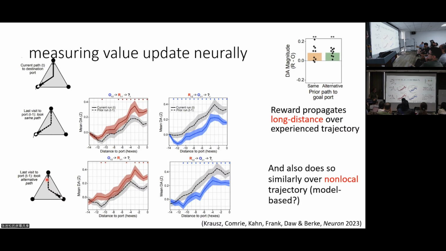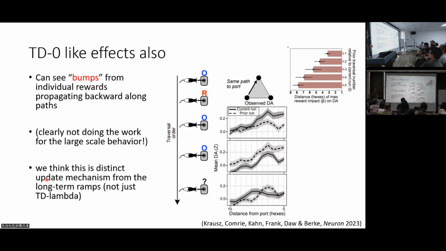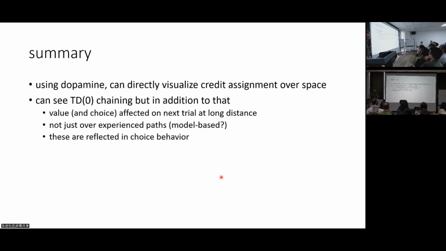So I think I'm going to quit here. We also see the model-free reinforcement learning, this sort of bumps moving backwards, but that's actually not that important for today. Let me finish this up by saying, by using this dopamine ramp, we can directly visualize this credit assignment over space. And so we can see this kind of model-free learning along paths, but we also see that value moves around the maze over long distances, and that affects choices, and not just along experience paths.